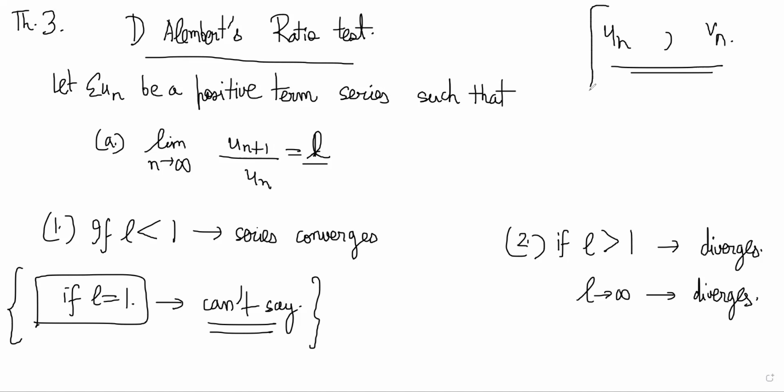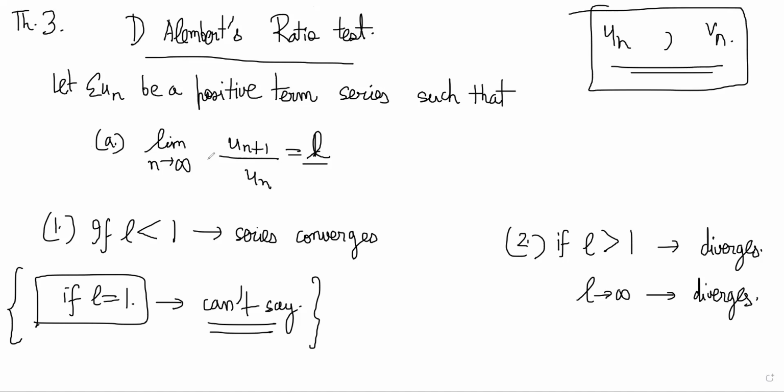In that case, try other methods. So this is very important and also very useful because many times the limit might not be 1, so you can easily figure it out by this theorem.